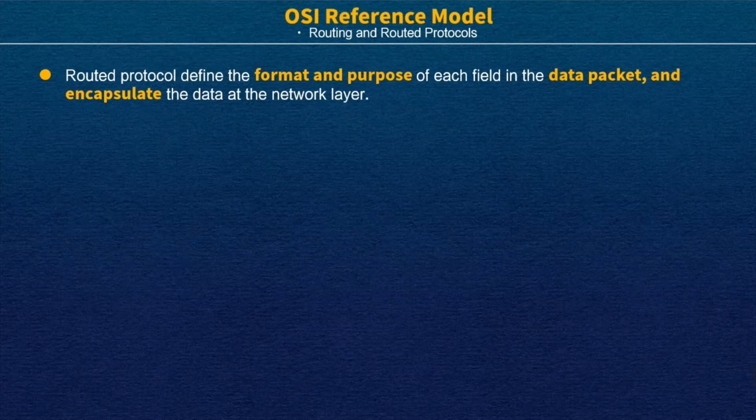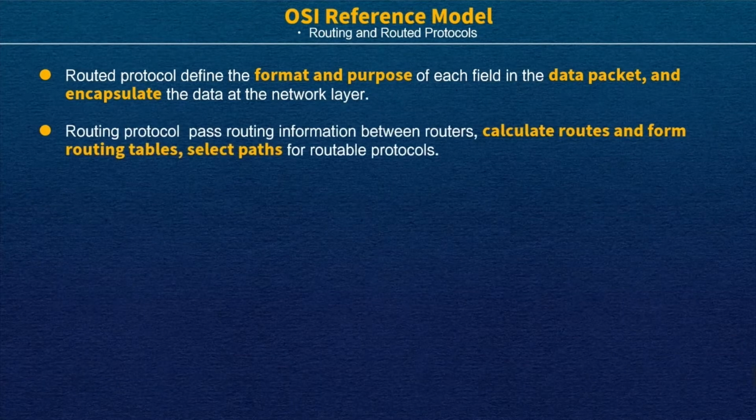We say we have to add the IP address, right? Actually, we have two addresses. One is the source IP address and another one is the destination IP address. Why do we need this message? That's because the routed protocol defines the format.